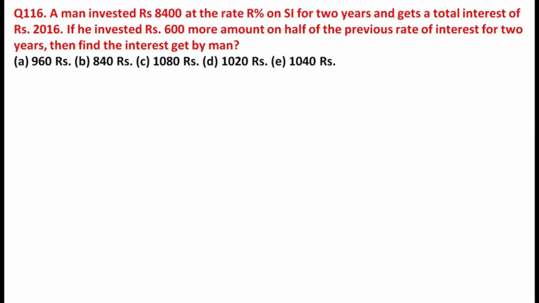For the next question. Now a man invested 8,400 at a rate of some percentage on simple interest. For 2 years, they get a total interest of 2016. Guys, the principal is 8,400. We don't know the rate of interest. But the simple interest for 2 years is equal to 2016. As you already know, the simple interest is constant for every year.